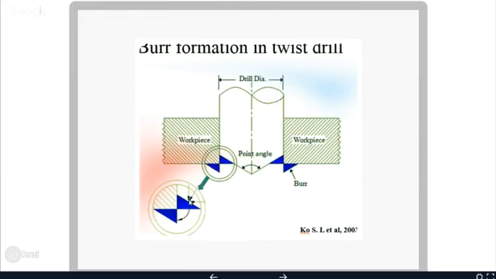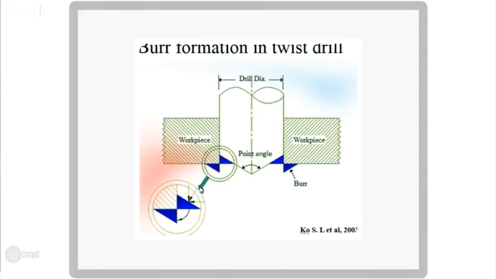Now here it is converted into two components: one is a horizontal component, and the second one is the vertical component. I call these components Rx and Ry, and this component R is the cutting force acting on the material.